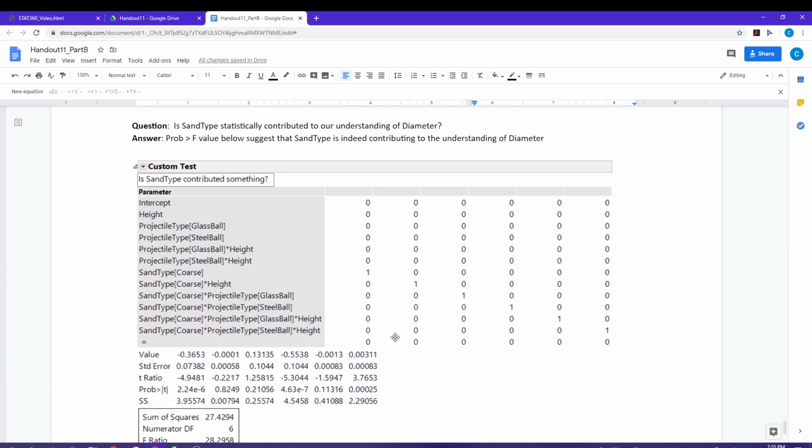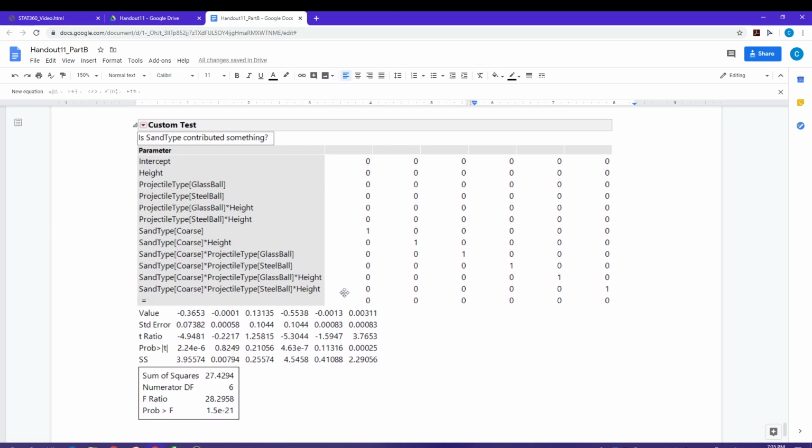And I can do that with the Big F test or the custom test. I need all of the coefficients here for sand type to be set to 0. So I'm going to pick up this coefficient. Which one is that? 0, 1, 2, 3, 4, 5, 6. I'm going to pick up beta 6 and set that equal to 0. I'm going to pick up beta 7 and set that one equal to 0. Beta 8, set that one equal to 0. 9, 10, and 11, all the way down through.